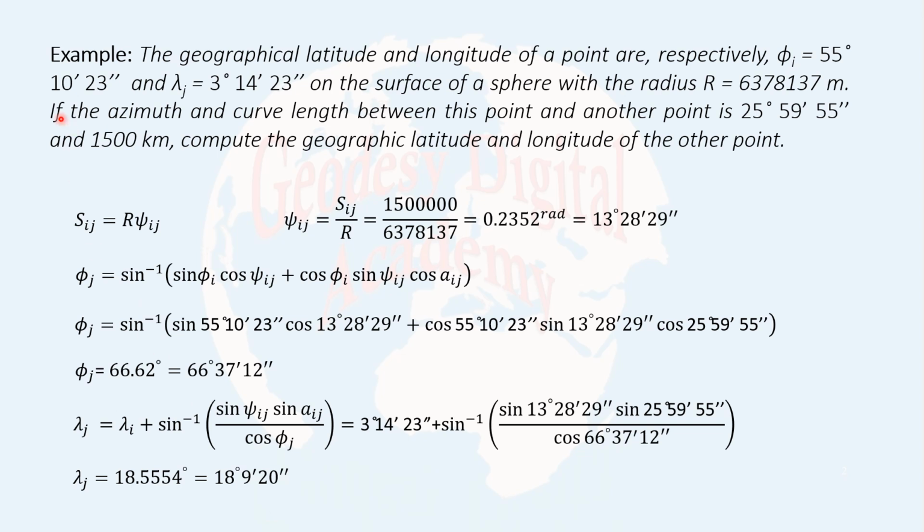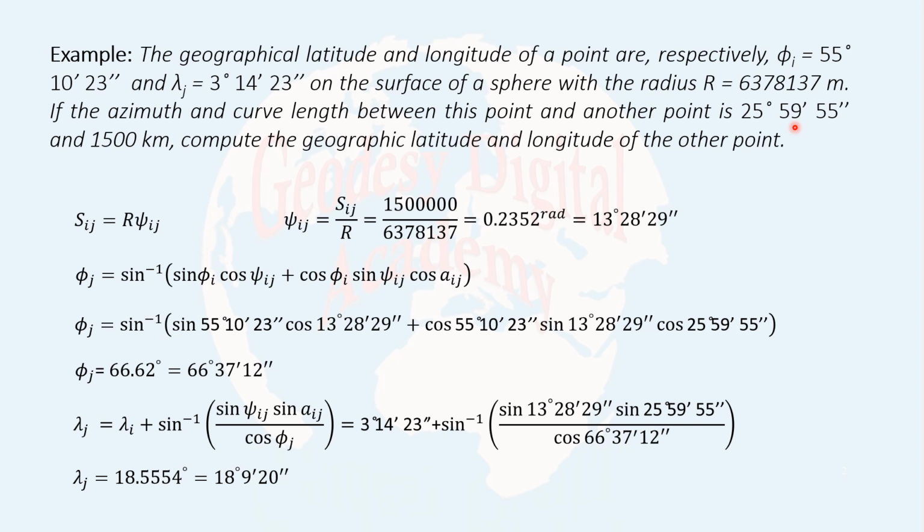And the azimuth and the curve length between this point and another point are 25 degrees 59 minutes and 55 seconds, and the curve length is 1,500 kilometers. What will be the latitude and longitude of the other point?